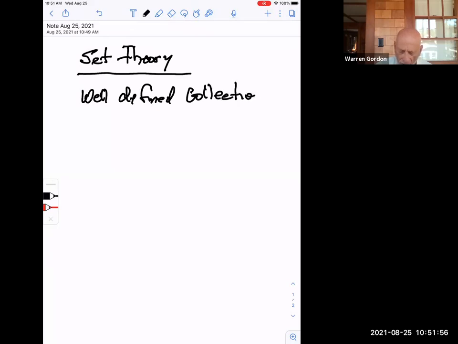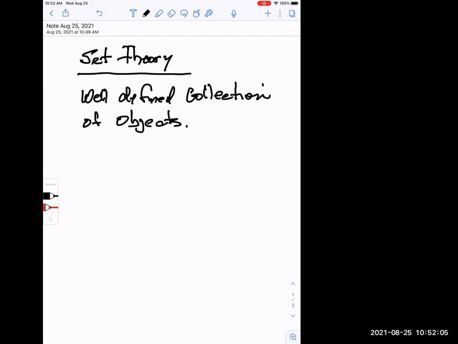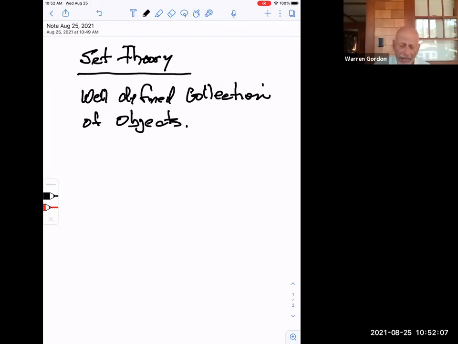I can give a formal definition, but I don't think it's necessary at this point. This will be enough. We usually designate a set by an uppercase letter, A, B, C, and so on. You can use any letter you like, but we tend to use capital letters to represent a set.